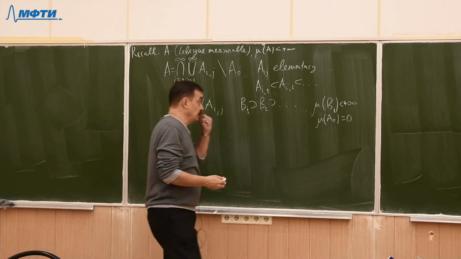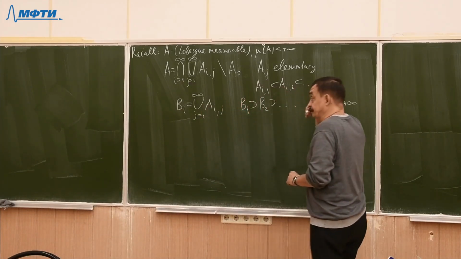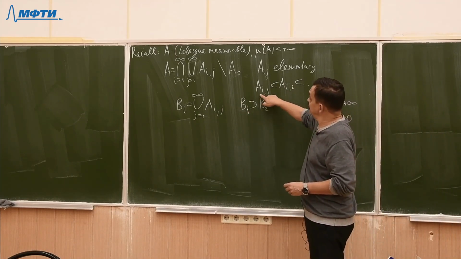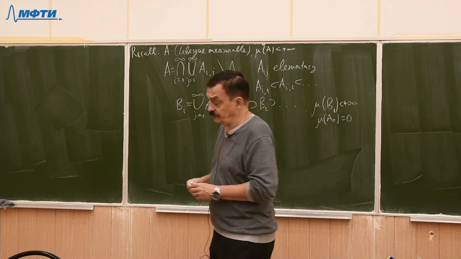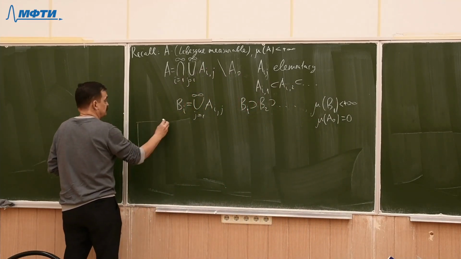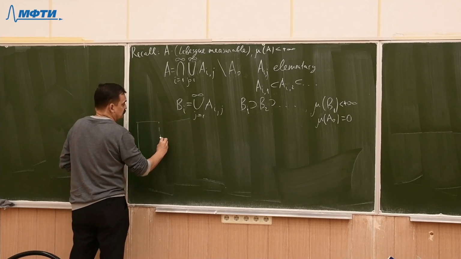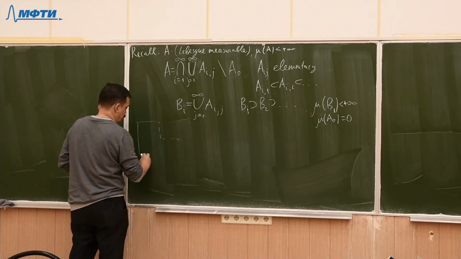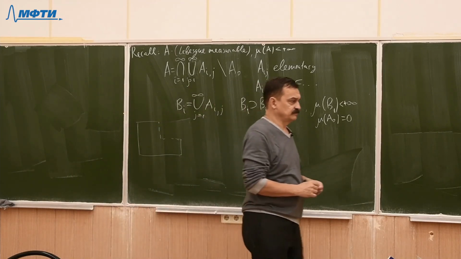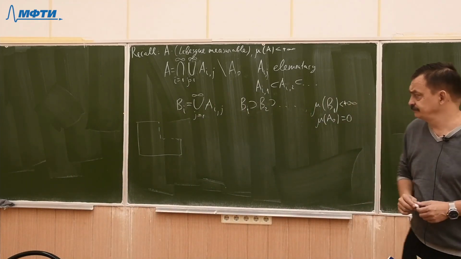And if we look at this assertion for elementary sets, what is an elementary set? It's something like that in R2, a finite union of intervals.